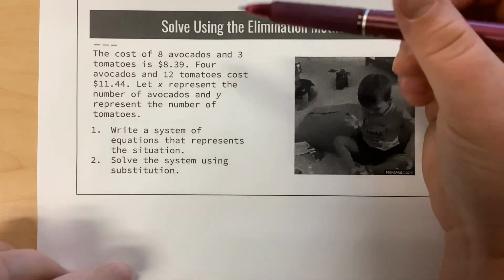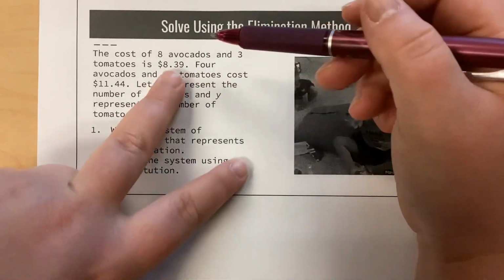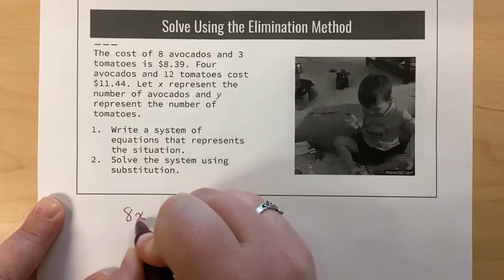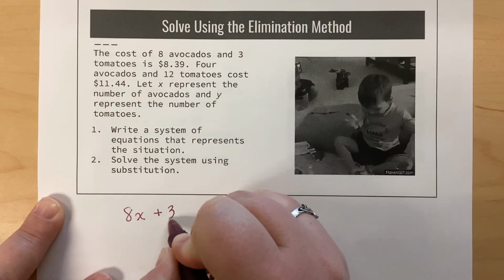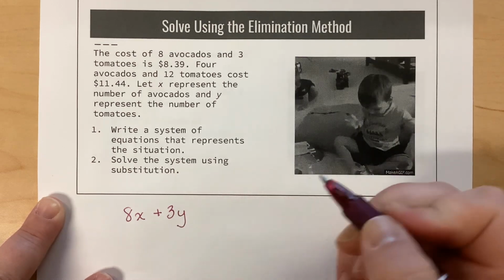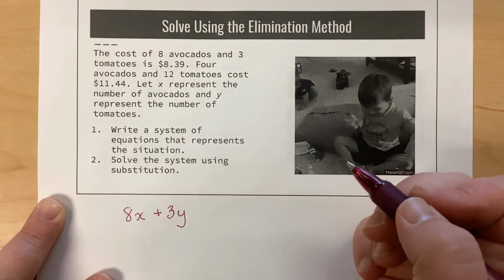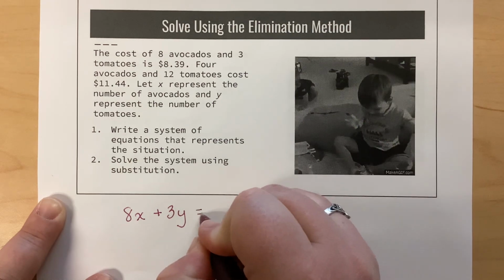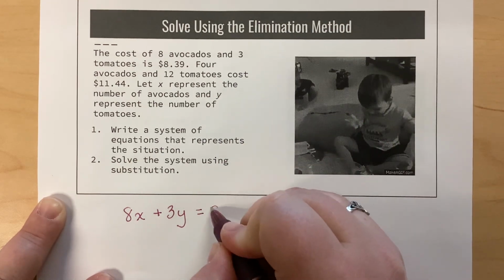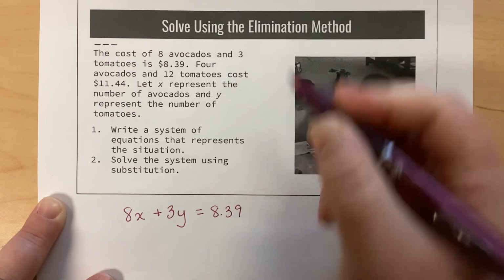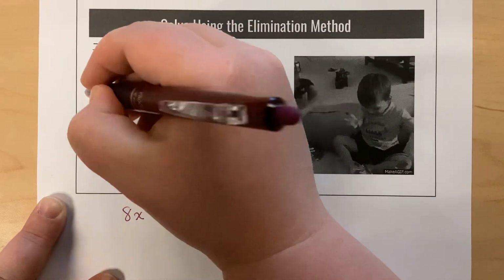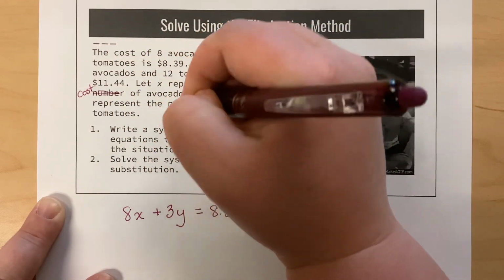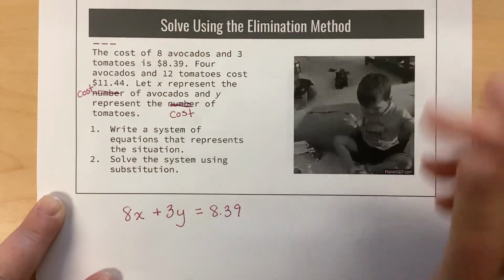Okay, so X is the number of avocados. So the first group bought 8 avocados, so that would give me 8X. They also bought 3 tomatoes, so 3 times the cost of the tomatoes, and that's going to equal $8.39. So really what this should say is not the number of, but the cost of avocados and the cost of tomatoes.